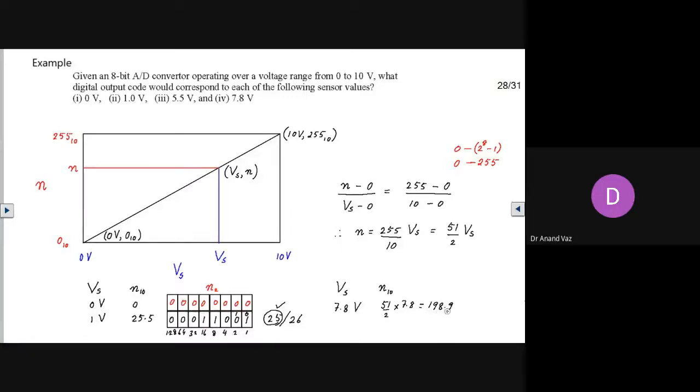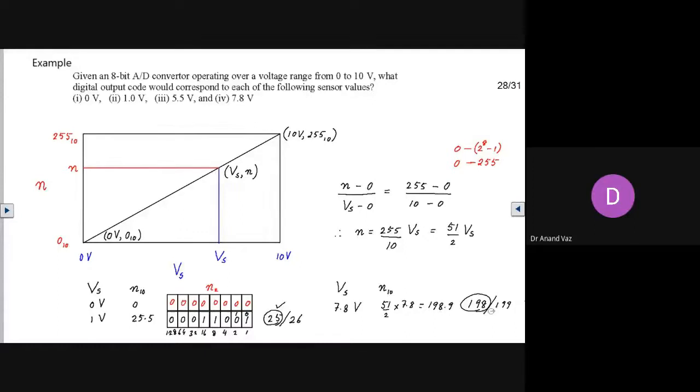Got it? So we will have two options. Either you write it as 198 or you write it as 199. And if we follow the algorithm that we use for the flash conversion, then it is going to be 198.